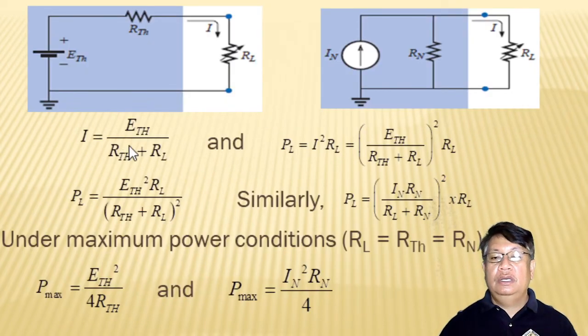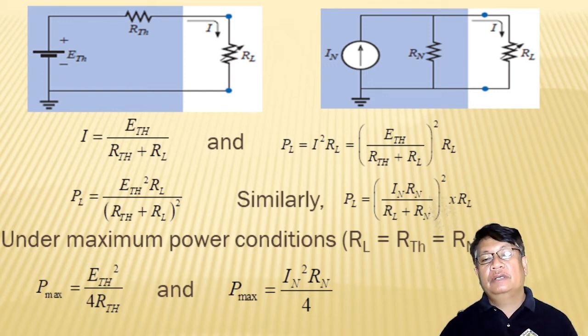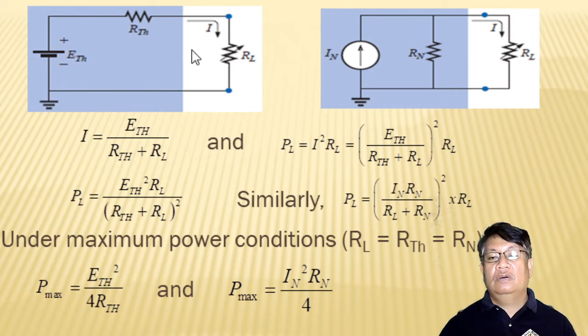So this is the solution to determine the maximum power transfer. The load current is equal to the Thevenin voltage divided by the sum of the Thevenin resistance, the looking back resistance, and the load resistance.